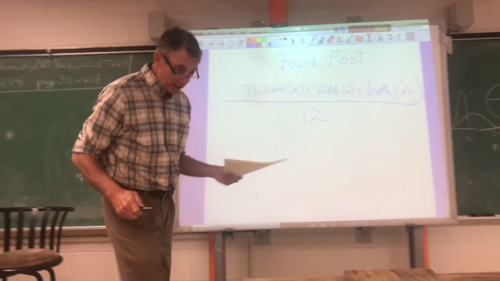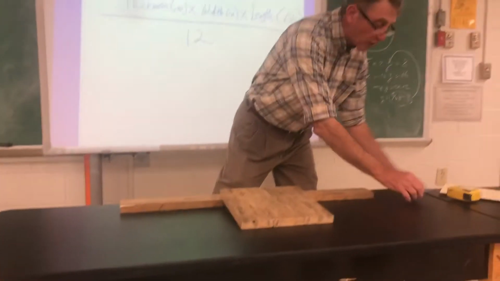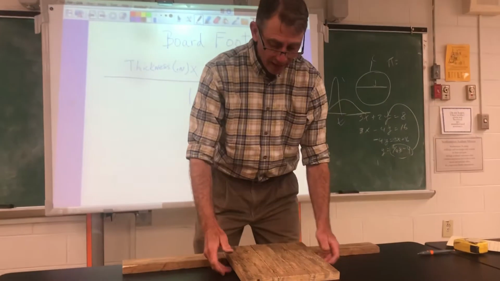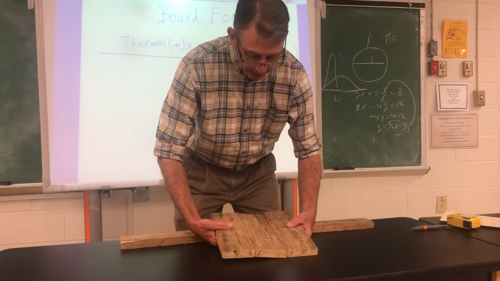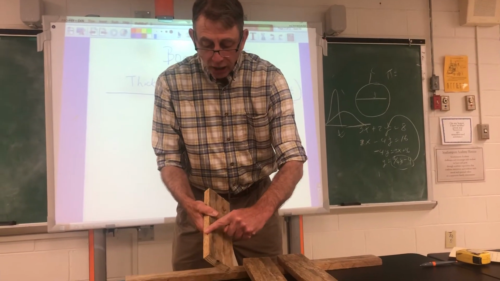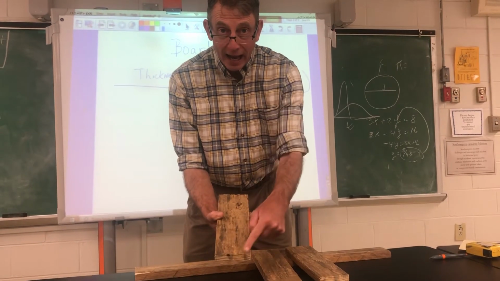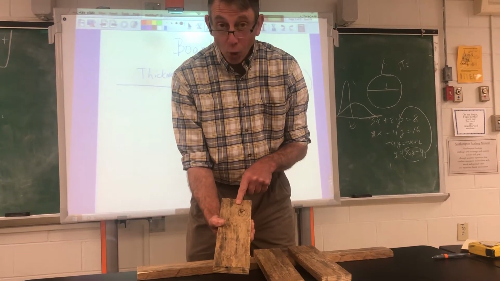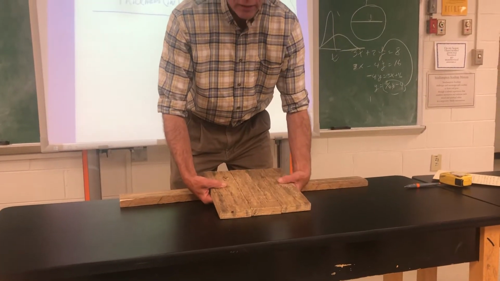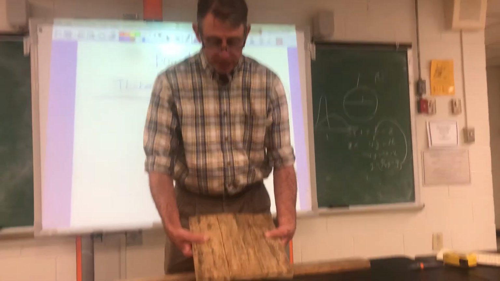Okay, let's take a look at some rough sawn or rough cut pine boards or pieces of boards. So here I have 1-inch thick, 4 inches wide, and 1 foot long. I have 3 pieces of rough cut pine of that dimension.